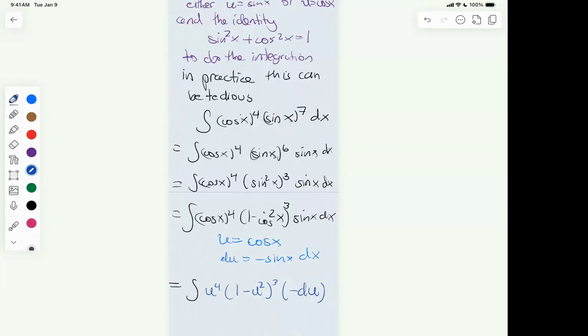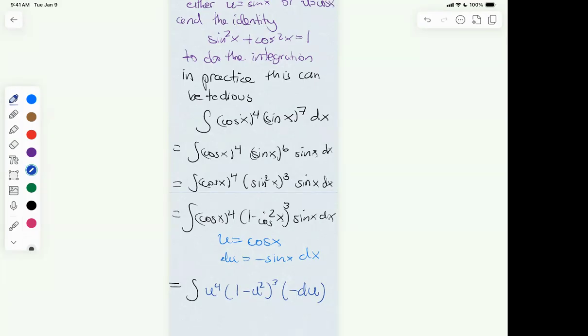In principle, once you have it at this point you can integrate it, but to integrate it you have to do the cube first, and then distribute, which is kind of long. I just wanted to show you that this can always be done.